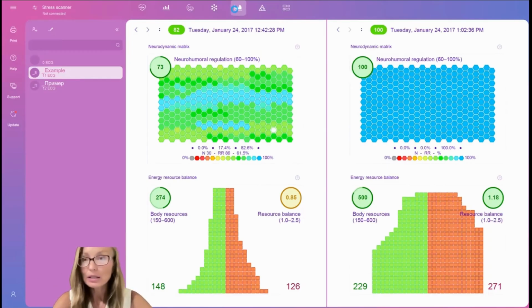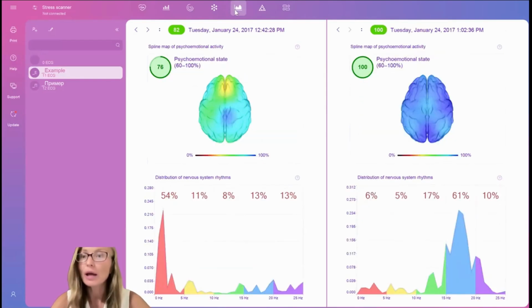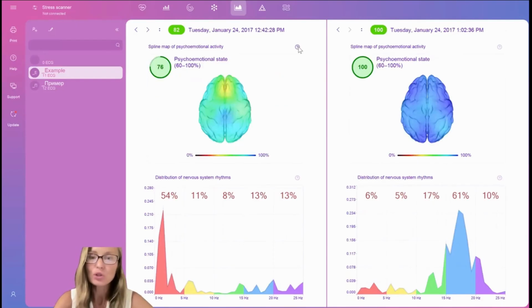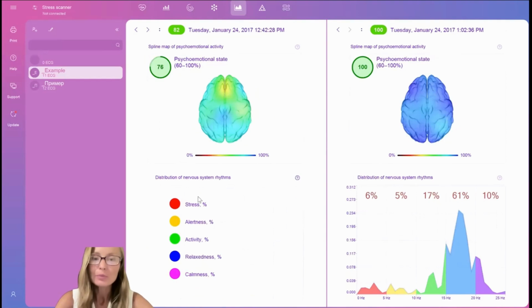The next indicator is the impact of stress from an emotional perspective. That is, how our emotional stress affects our central nervous system, our brain. Here we can see the overall impact, that is, how much the nervous system is overloaded, specifically by emotional stress, and which rhythms prevail: stress, alertness, activity, relaxation, or calmness.